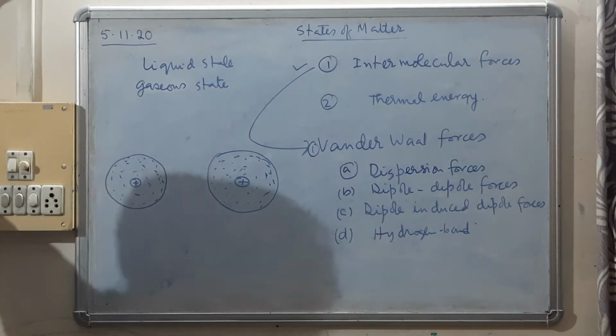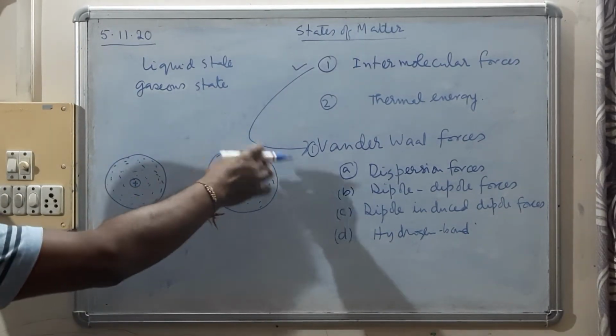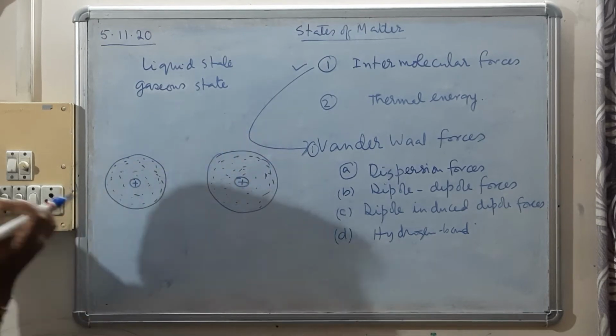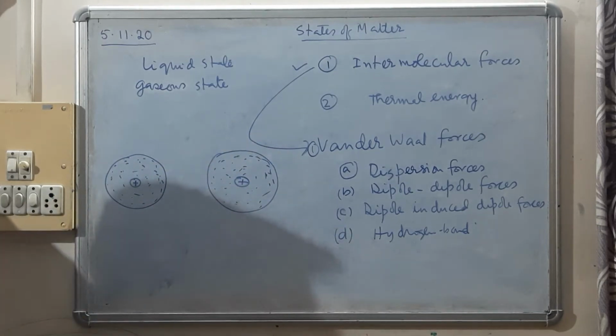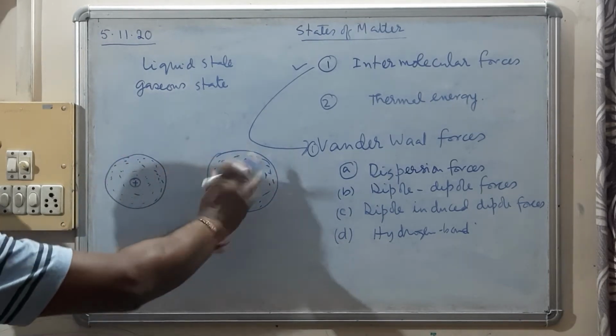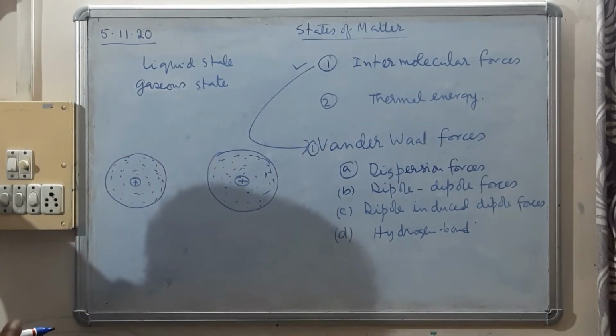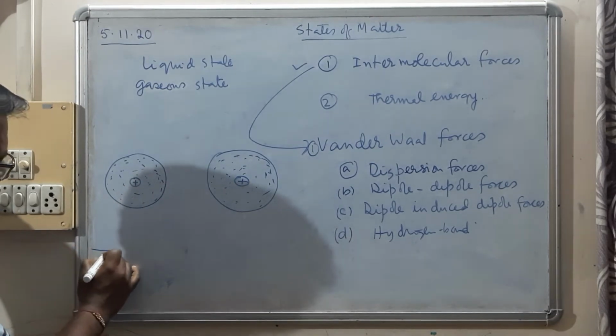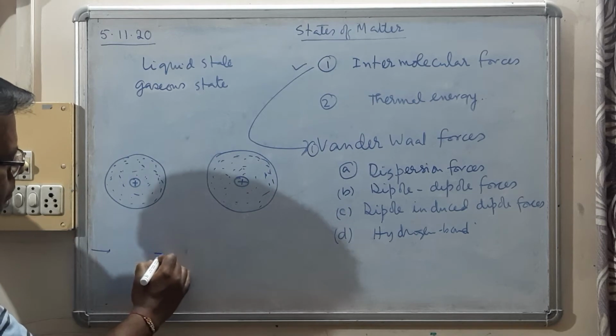But what may happen is that as the electrons are moving, for a moment of time, for an instant of time, the distribution may become unsymmetrical.